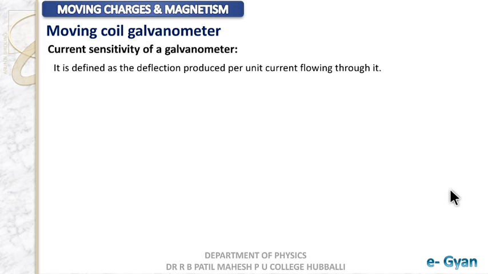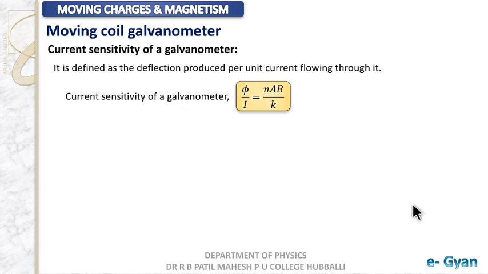Deflection per unit current means phi by I, which can be written as phi by I is equal to NAB divided by K from the previous expression, and phi by I will be known as current sensitivity, and its SI unit comes out to be division per ampere. Unit of deflection will be division and current is ampere.